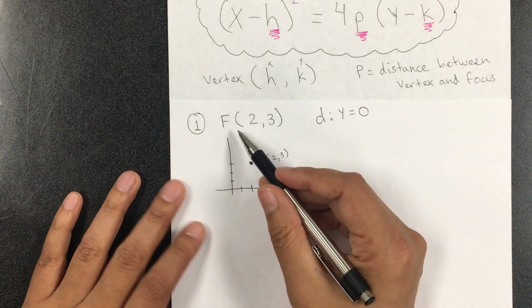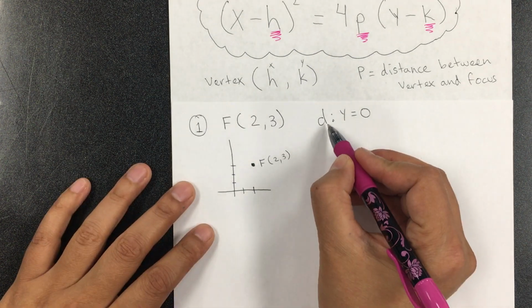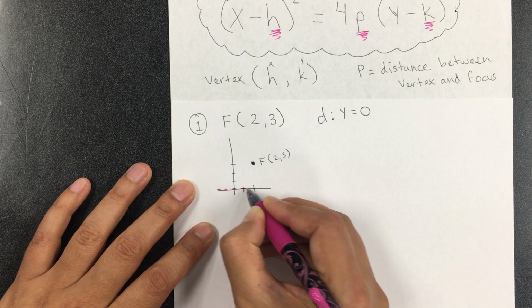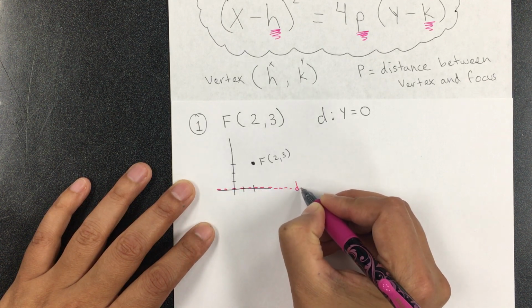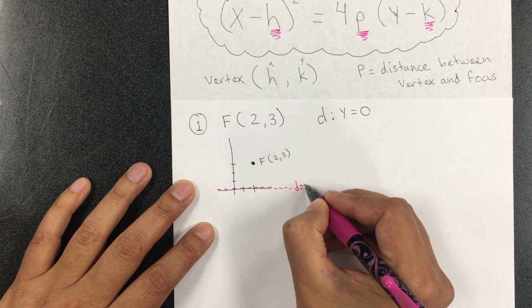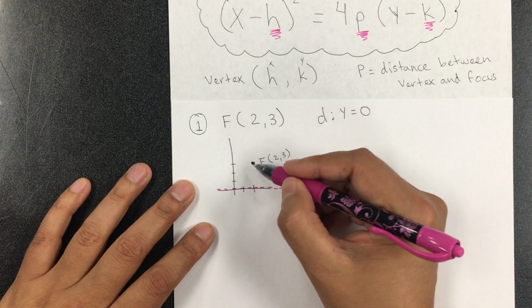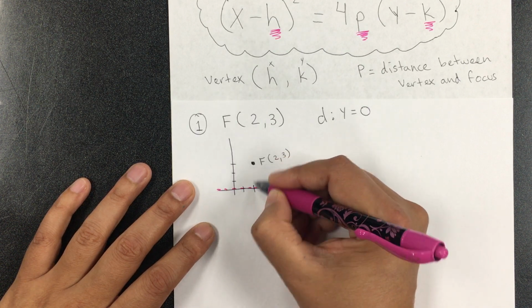The vertex, we learned yesterday that it's always between, and the directrix is at y equals 0, so the directrix is right here. Okay, so that's D, where y equals 0. The vertex is always in the middle of the directrix and the focus point, which is halfway.